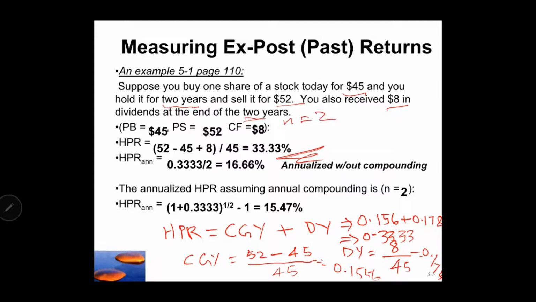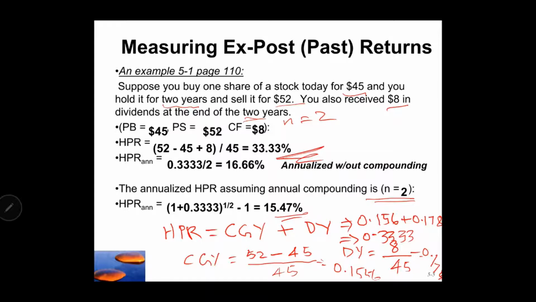So this you are going to do in the case where you have greater than 1 year. Now talk about the annualized HPR, assuming annual compounding, where n is equal to 2. So we have 1 plus HPR to the power of 1 by 2 minus 1, that will give me 15.47%.